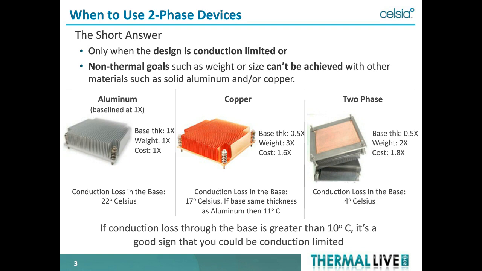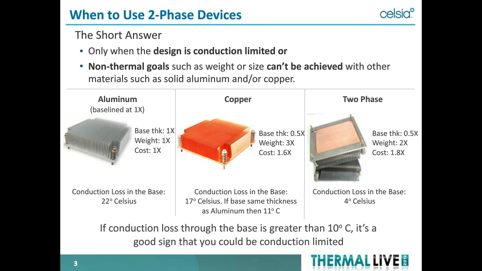We took a look at, in the same application and the same format heatsink, same airflow, same power, everything held the same, an aluminum heatsink, a copper heatsink, and then a heatsink with a vapor chamber embedded into the base. And just to give you a quick idea on the comparison of these, if we look at the aluminum, the conduction loss and the delta T due to conduction in the base is about 22 degrees.